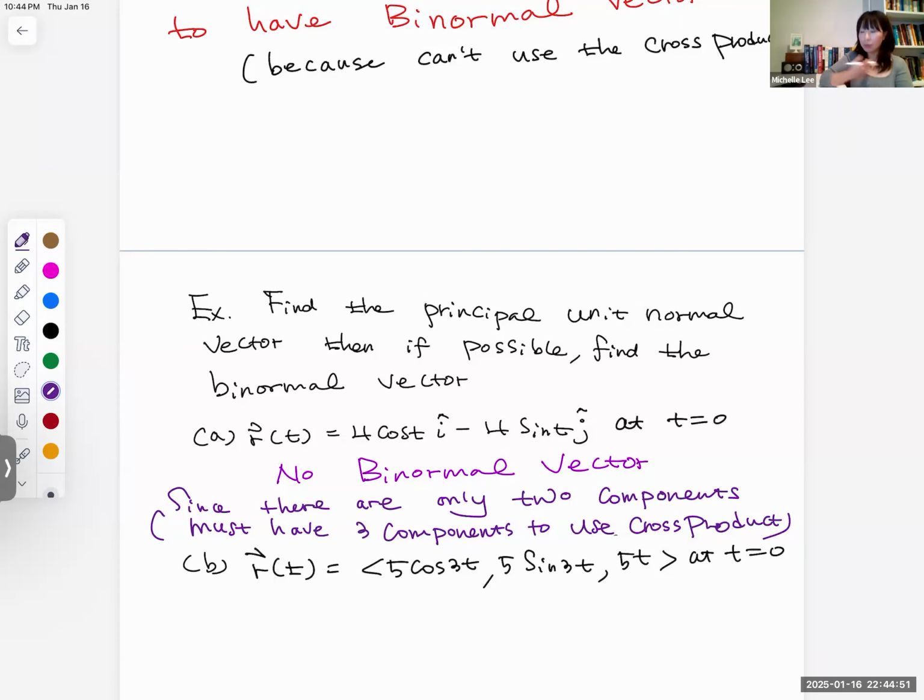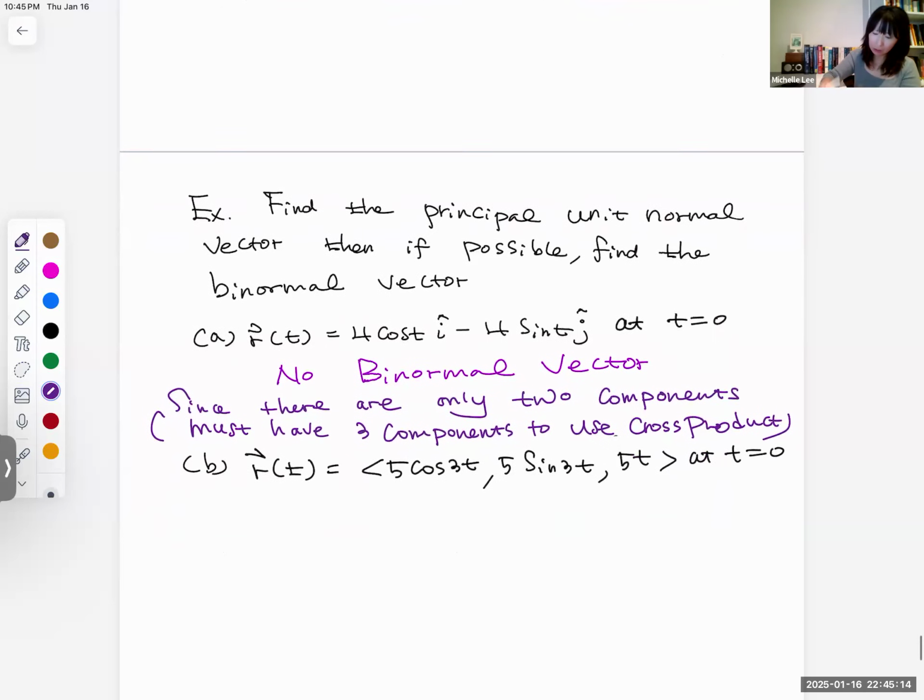Okay, now we have a second problem. We want to find the normal vector and the binormal vector, right? In order to find the binormal vector, we have to have the unit tangent vector and unit normal vector, right?